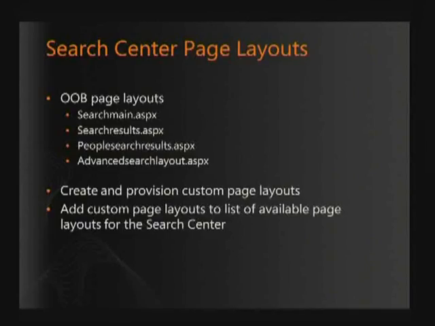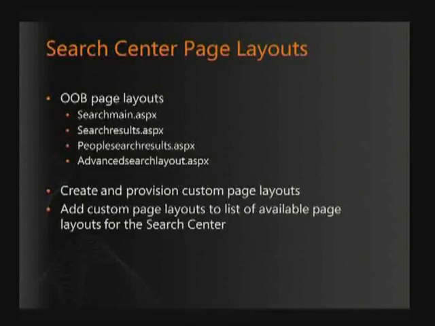These are page layouts, templates, as we used to refer to them in the CMS product, that define what the actual pages are going to look like and what kind of data and functionality we're going to provide with it.